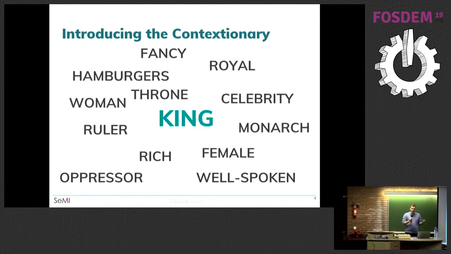Then immediately, as humans, so I assume you're all humans, we've already established that we have one robot in the audience, I hope the rest of you are human, it's very intuitive to us that the word king becomes the word queen if all the rest of the context is the same. This is something that's traditionally been very hard for computers, and the contextionary uses that context to make these kinds of things very easy.